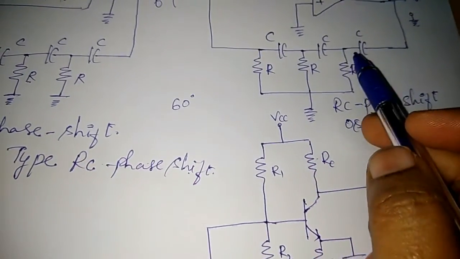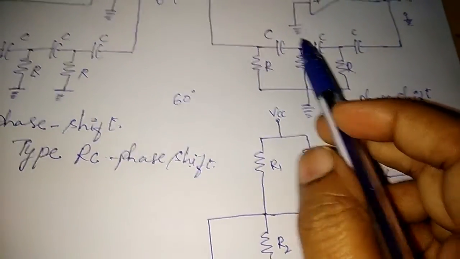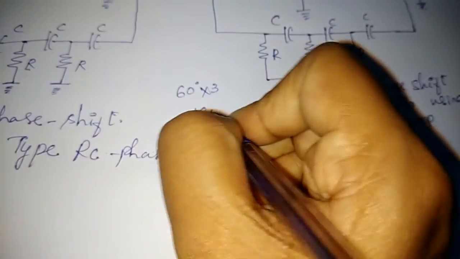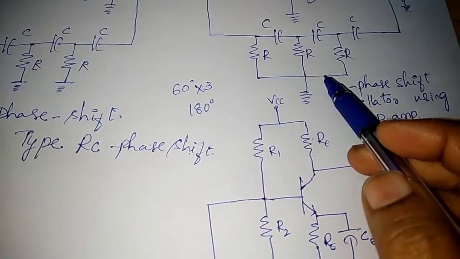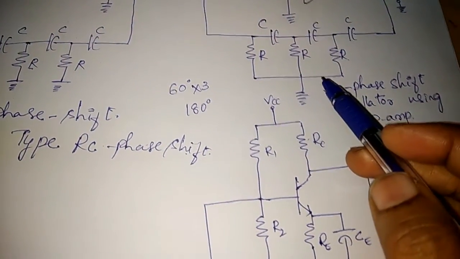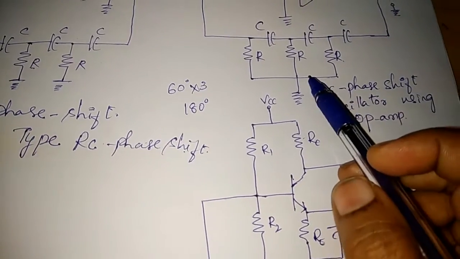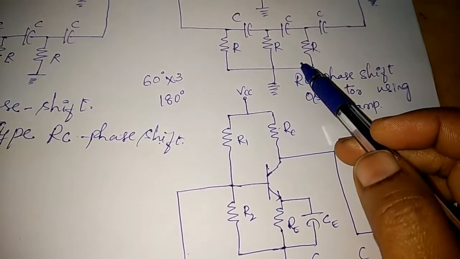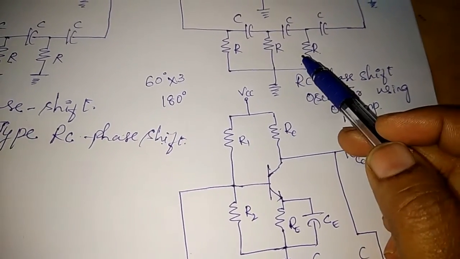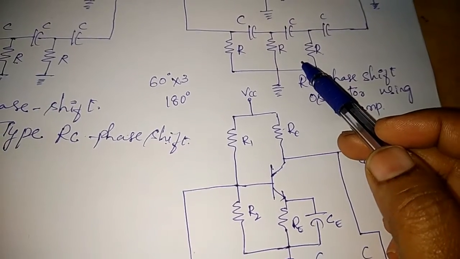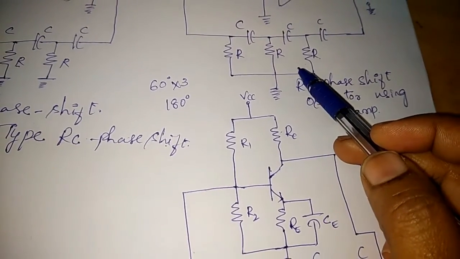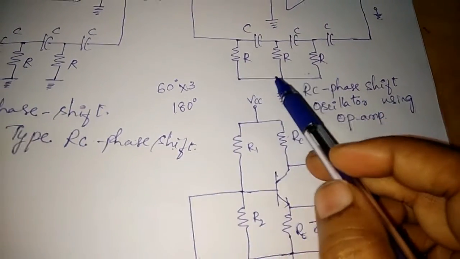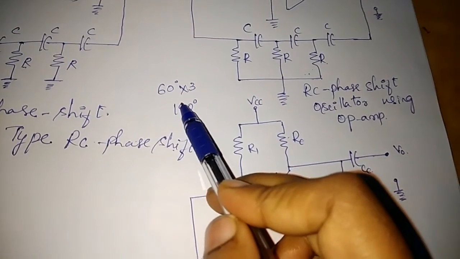So you have 3 RC sections, so a total of 180 degree phase shift is provided by the feedback network connected here in the phase shift oscillator. Oscillations occur at the frequency for which the total phase shift through the 3 RC sections becomes 180 degree.